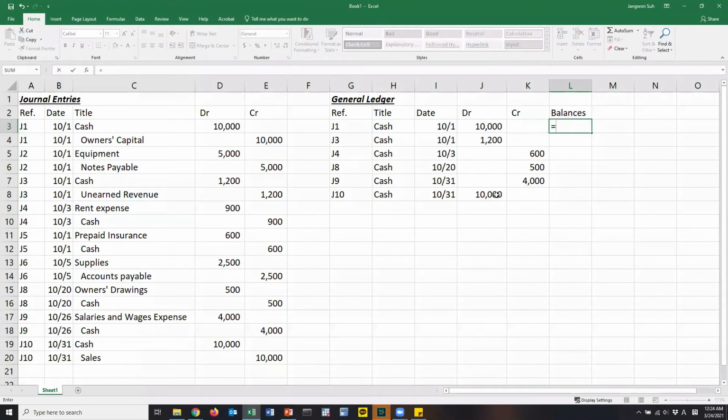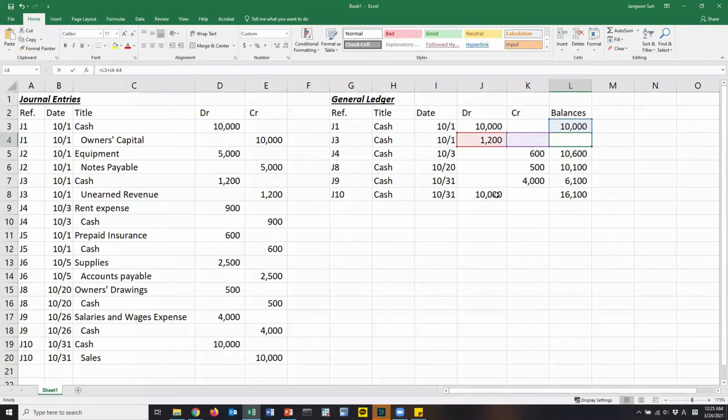Anyhow, we don't have any beginning balance, so we can say that this is our initial balance. And then to the initial balance, we will accumulate the debit increases and credit decreases. What you have to do is copy and paste.